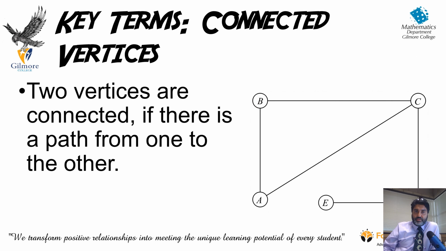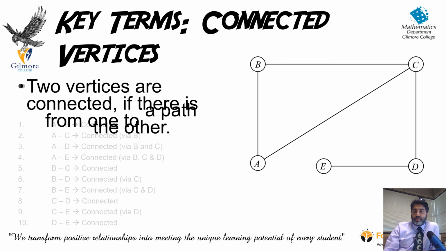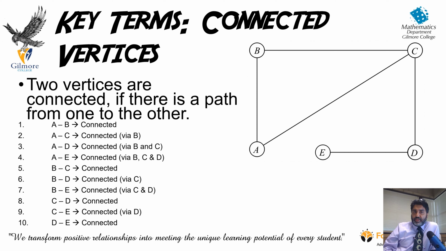Connected vertices. So two vertices are connected if there is a path from one to the other. So in this particular case, AB is connected. AC is also connected.